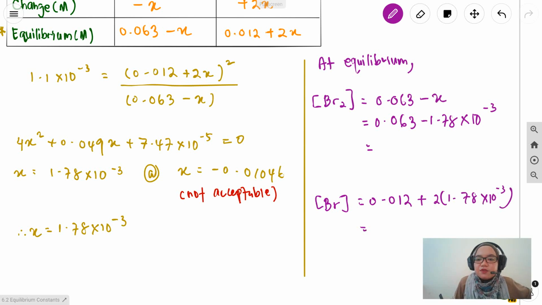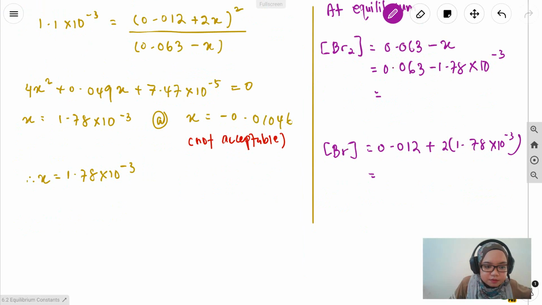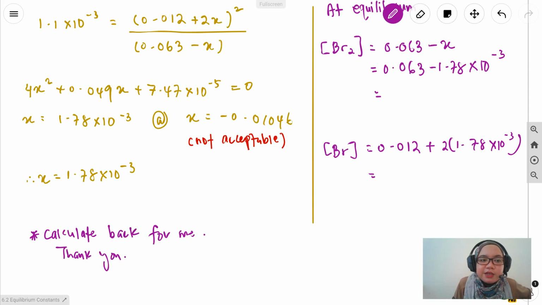What is the answer for this? Please calculate this question back.